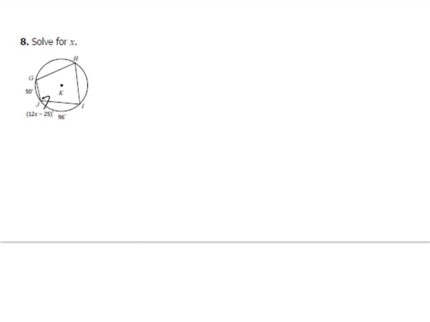Here's one where we see a quadrilateral inscribed, and we know opposite angles are going to be supplementary. However, we don't have any information. The first thing we notice is that we have arcs, and this piece is 50, and from here to here is 96. This arc is connected to H, so we could figure out what H is.